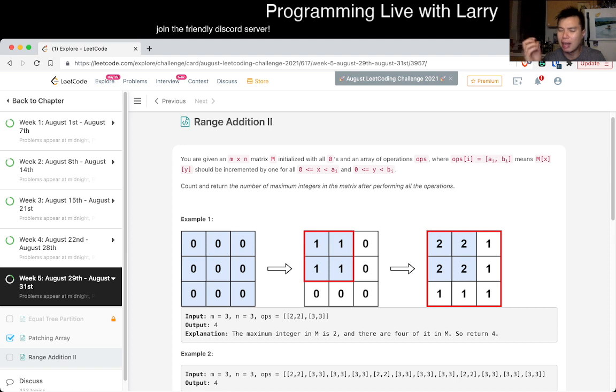This is my intuition, maybe just from years of experience. If you draw it out, you start with everything filled, and every time you draw one, because it has to be from the corner, you basically chop it off. And you always take the min of the x and y's.